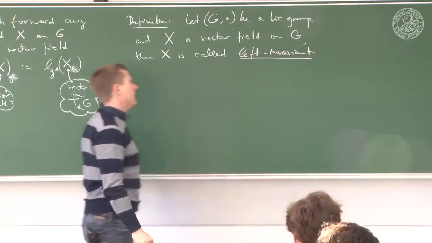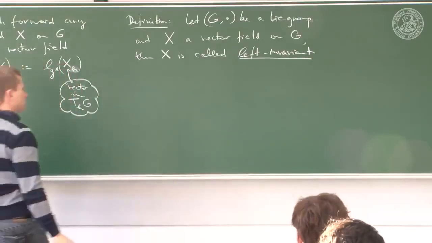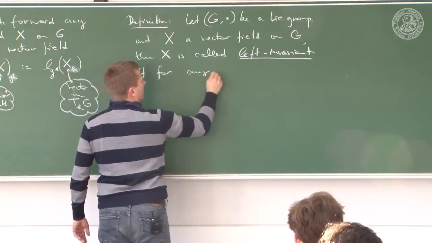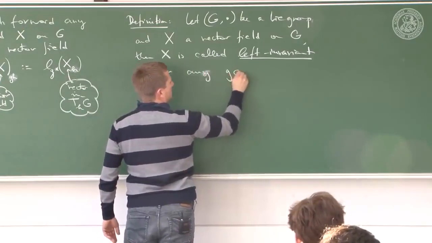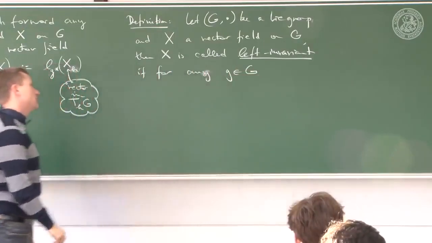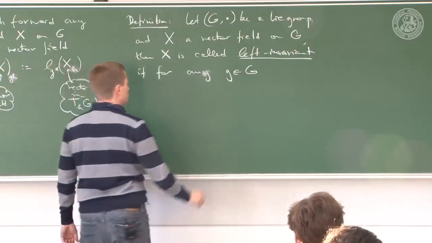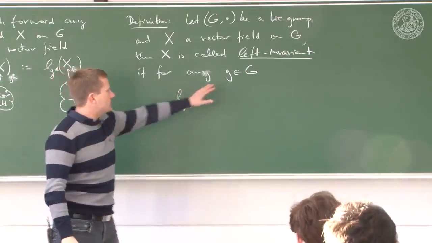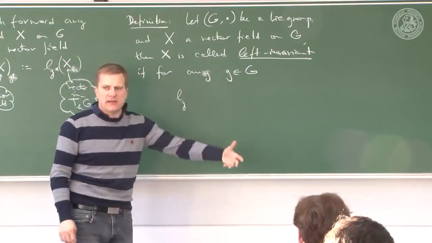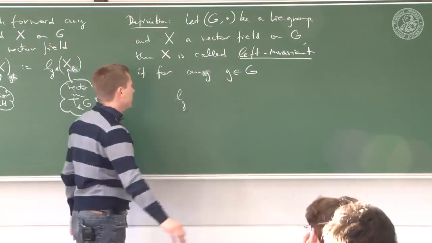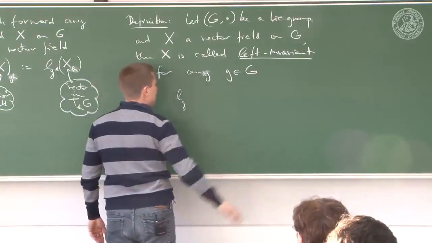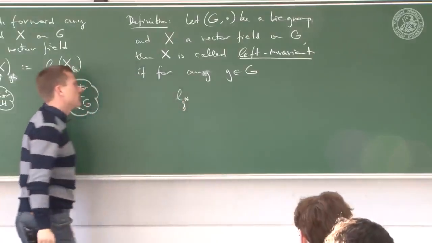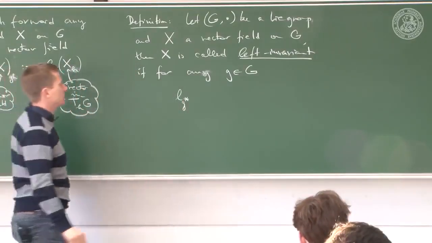It's called a left invariant vector field if for any g in G that I choose, the action of L sub g, which if it acted on an element in G, would just multiply it from the left by g. Very trivial. But that's a smooth map, even a diffeomorphism from G to G. So I can actually apply the push forward that's associated with that.